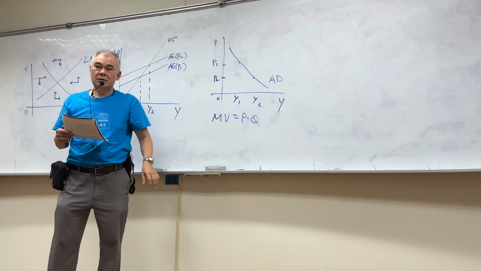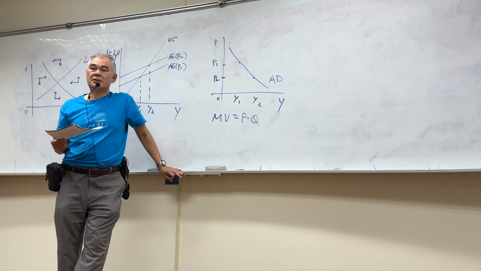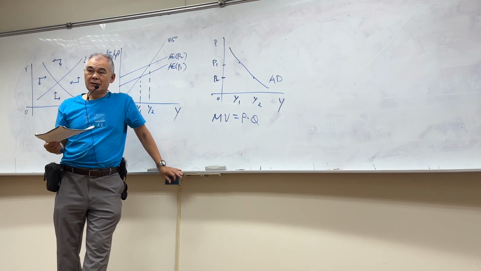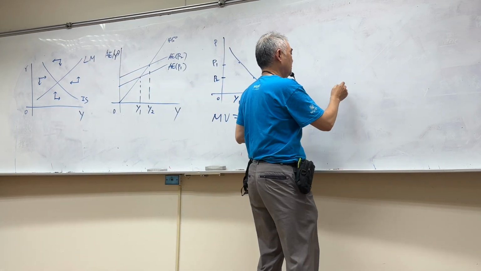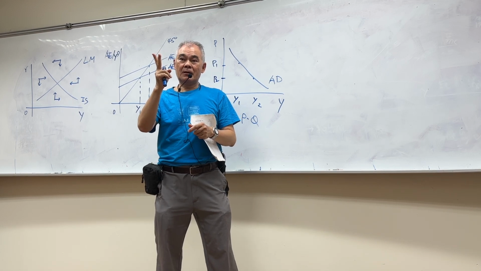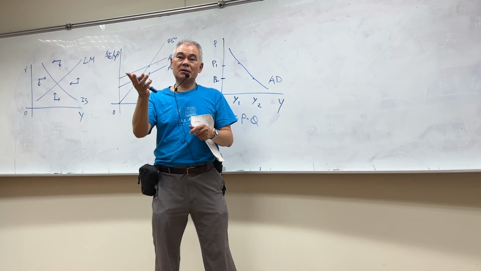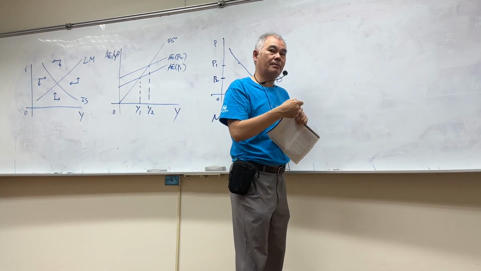So, 朱广彦, what is the money multiplier? We have two, right? One is simple, the other one is more complicated. What is the simple one?